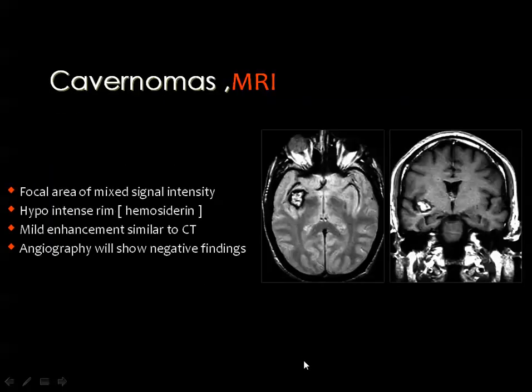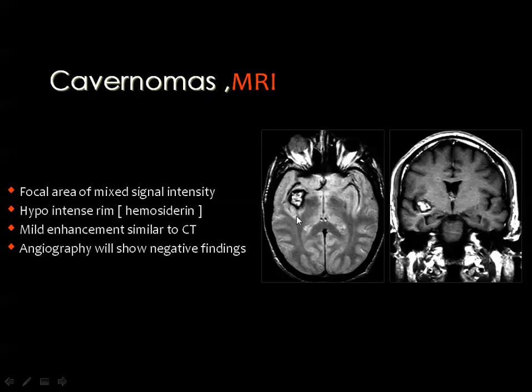On MRI, this cavernoma shows a typical appearance. It is an area of mixed signal intensity, high signal and spots of low signal. The spots of low signal may represent calcium, and the high signal may represent the clotted blood.